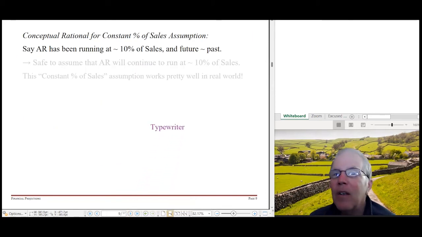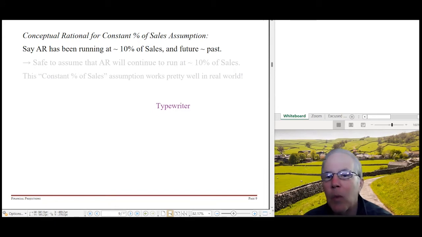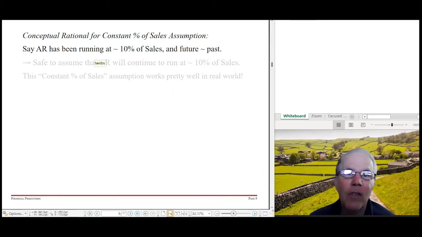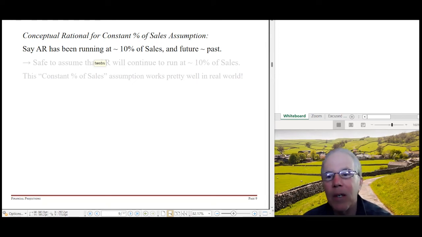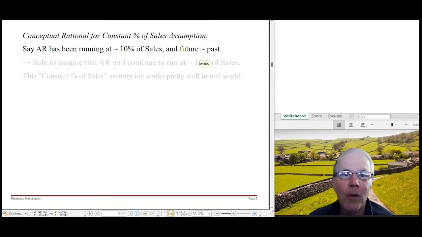And there is actually a very good rationale for our constant percent of sales assumption. This works very well in the real world, and you can see this with analysis of historical financial statements, et cetera. But here's an example showing how it works and why it works. Let's say our accounts receivable has been running at 10% of sales for the past 3 years, and there are no big changes to our firm's structure.